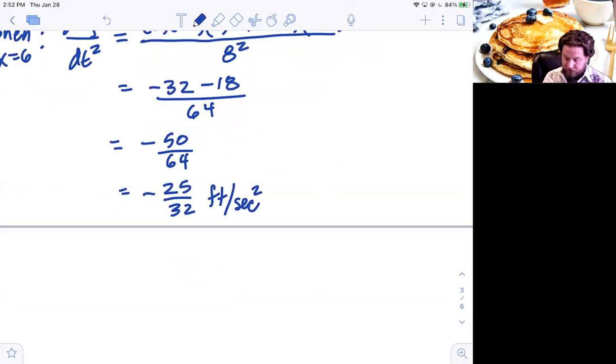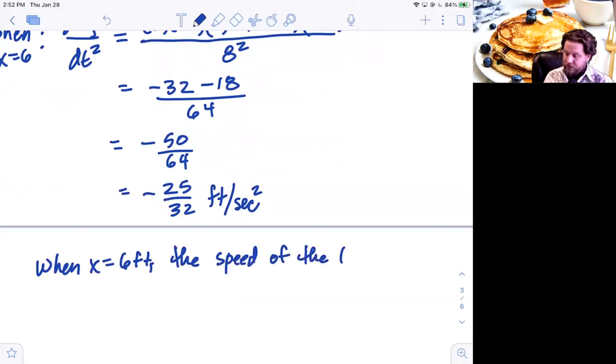Let's go ahead and write the sentence. When x equals 6 feet, the speed of the ladder down the wall, and we can answer it like that because speed is the scalar quantity of velocity. The speed of the ladder down the wall is increasing. Actually, let's do this.